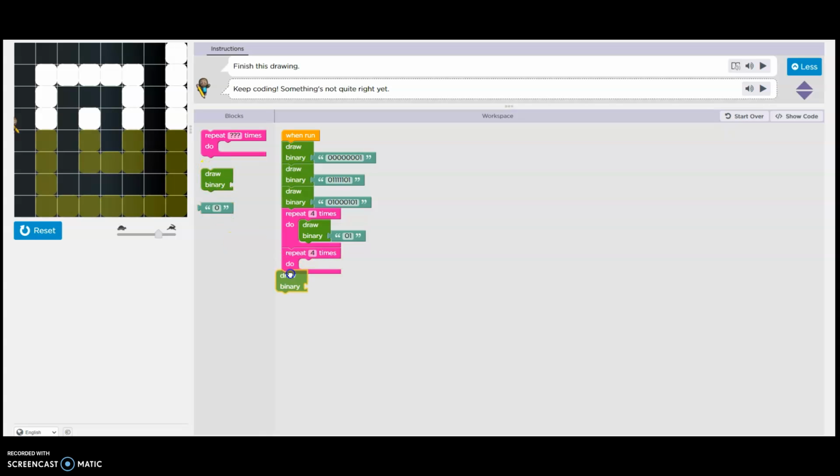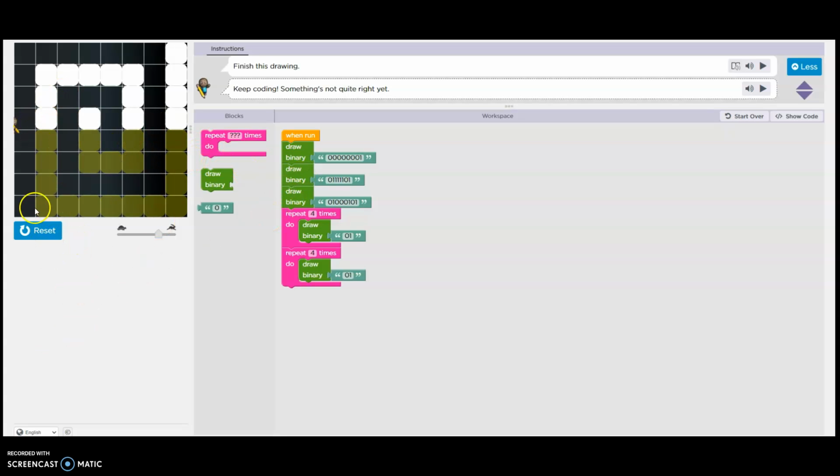Add our draw binary block, our number block, and we're going to do it. We repeated that 4 times.